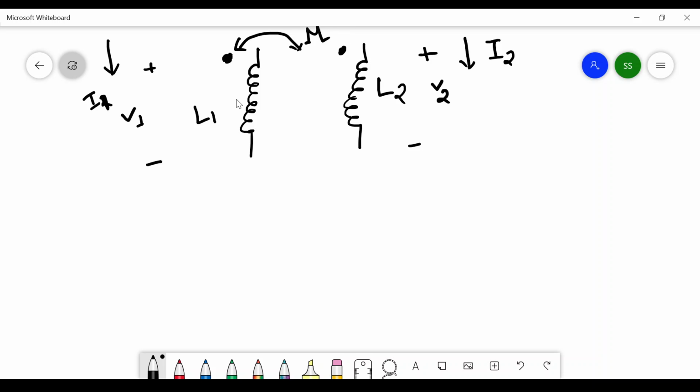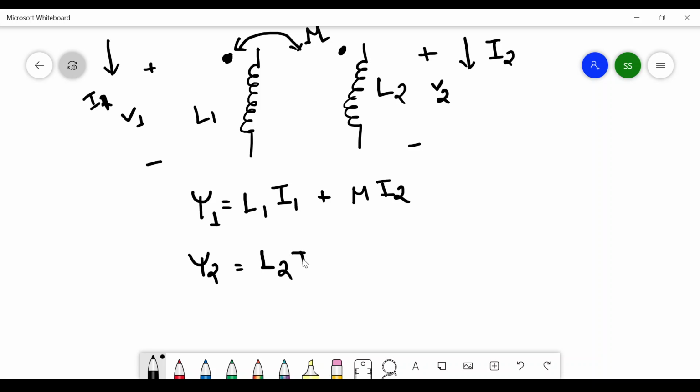So here the flux linkage phi 1 will be L1 I1 plus M I2, and the flux linkage phi 2 will be L2 I2 plus M I1.